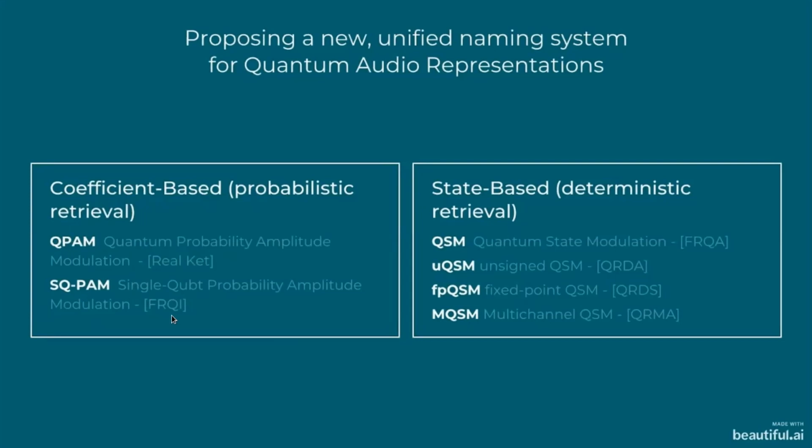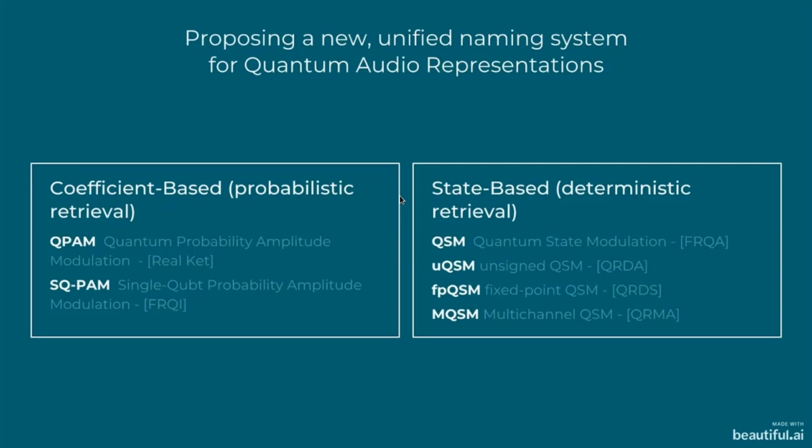I will explain this in more detail. Then we have FRQA, which I am renaming as quantum state modulation. And then we have all of the remaining state-based representations also being quantum state modulation, but the interpretation of the binaries changes.